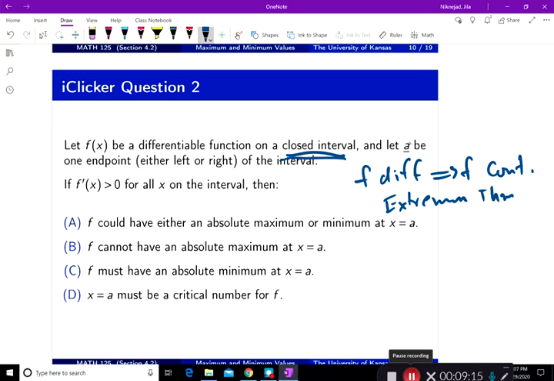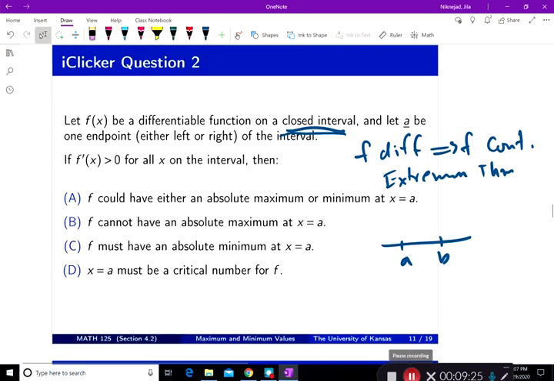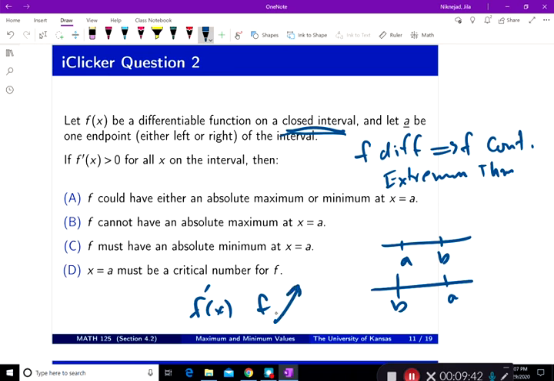And so now, let a be one of the endpoints. I don't know which endpoint, but one of them, either this way or this way. What I know about the function is f prime of x is bigger than 0. f prime of x bigger than 0 means f is always increasing.